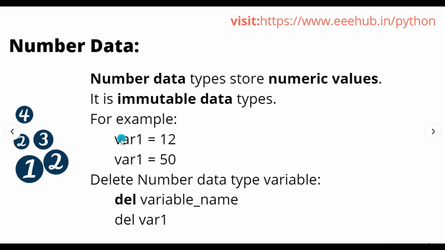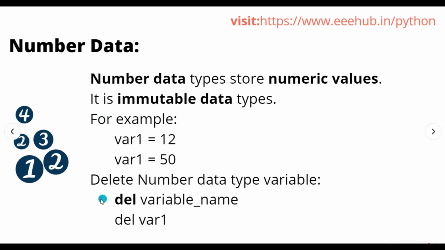When you create var1 with the value 12 and again you assign a different value to the same variable, like assigning the value 50 to var1, in Python var1 with the value 50 will be at a different location, because the number data type in Python is immutable. You can't change it. That's why it is called immutable.